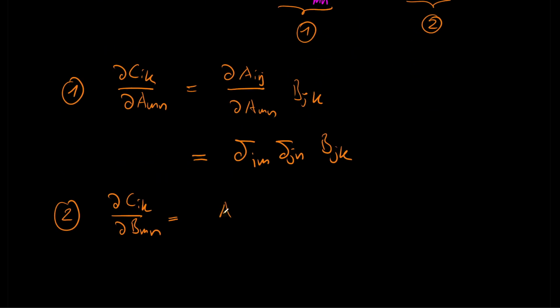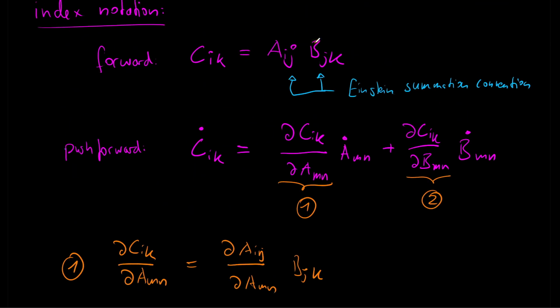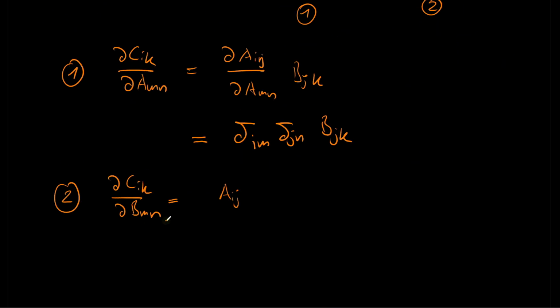So we will have A_ij multiplied with the derivative of B_jk with respect to B_mn. And then we will get similarly Kronecker deltas, slightly different here. So we will get a delta_jm and a delta_kn.